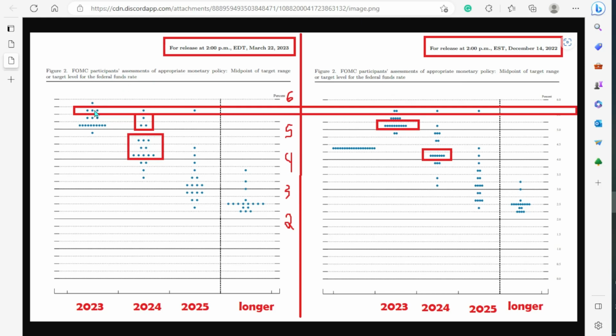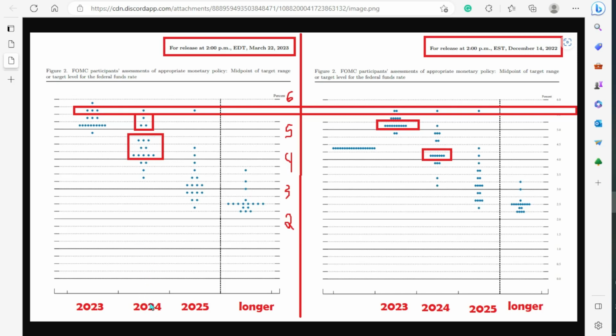So now you're starting to see more people expecting higher interest rates in 2023 because inflation isn't going away as fast as they thought. Whereas before, you saw quite a unison right around here at 5%, where the majority is still around there, but you are starting to see a little bit more spread up here. So it's something to pay attention to.